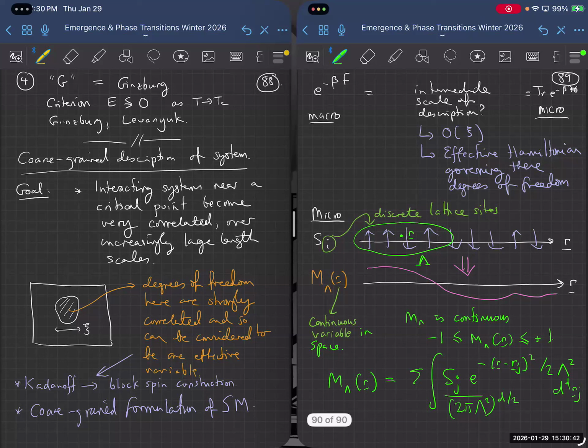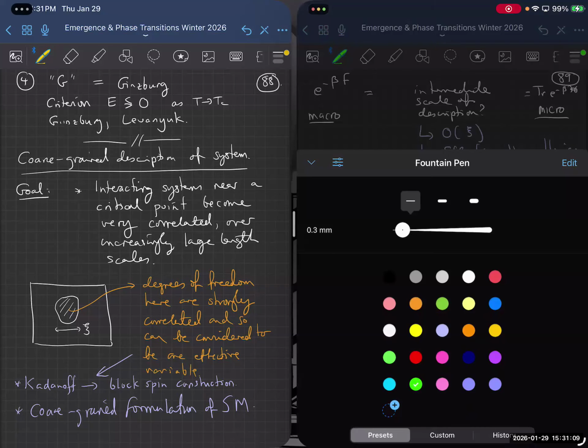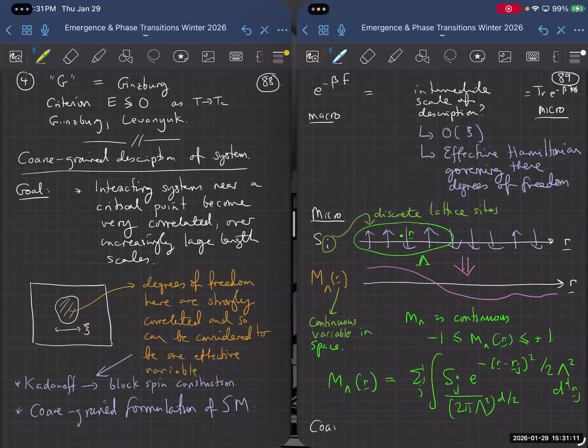And then I sum this over j. So I take some kernel, I average the spins locally, I sum over all the spins; the kernel dies down, but the spins are a long way away, so that doesn't matter. Then I just slide this along the axis, and that way I can construct a continuous variable that is smoothly varying. So this m lambda is what I mean by a coarse-grained magnetization, or in general, a coarse-grained order parameter.